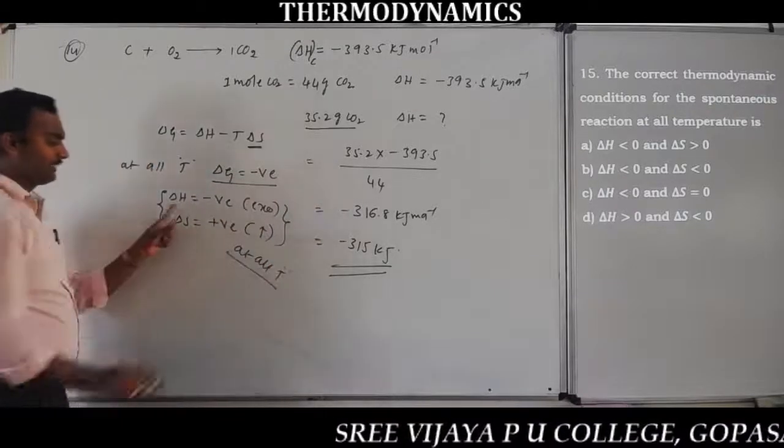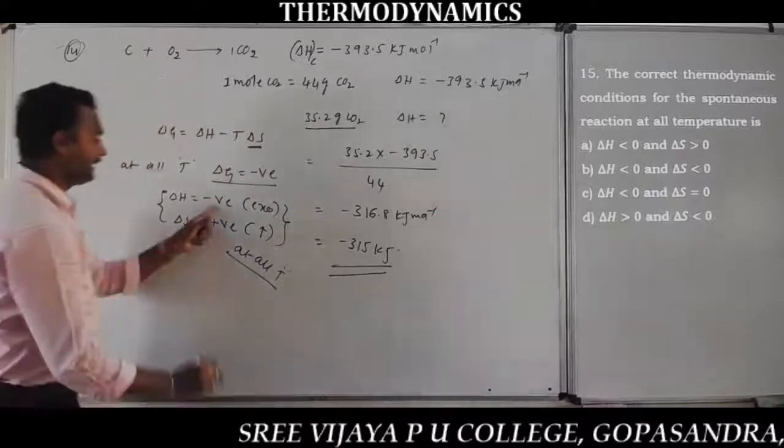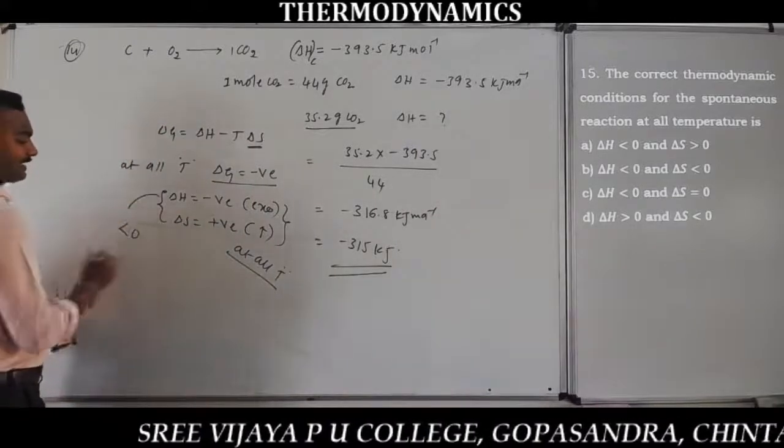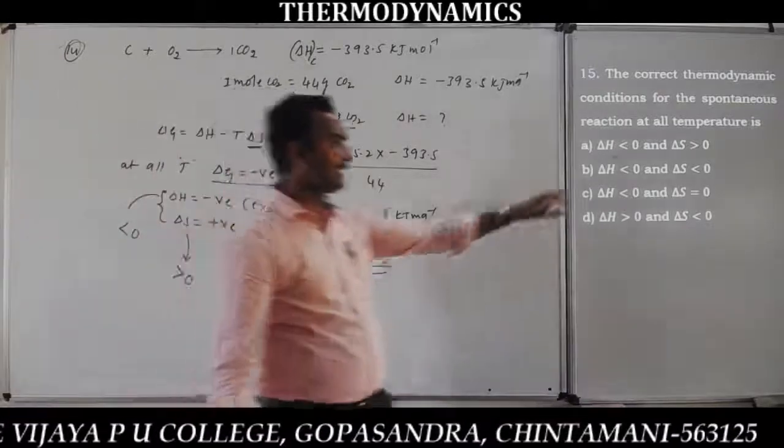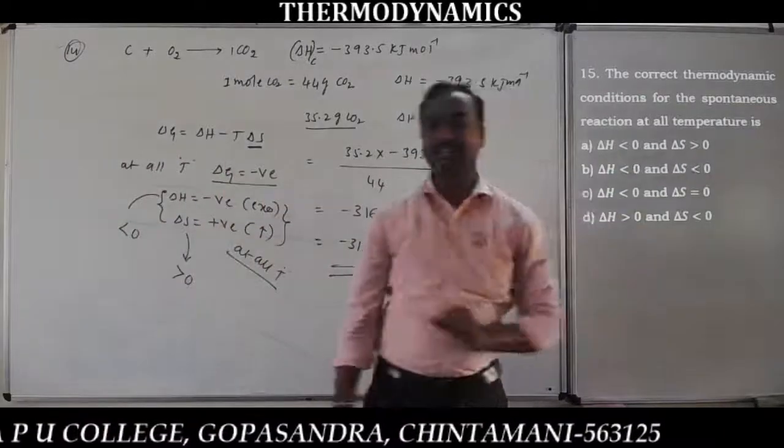Delta H negative is less than 0, delta S positive is greater than 0.